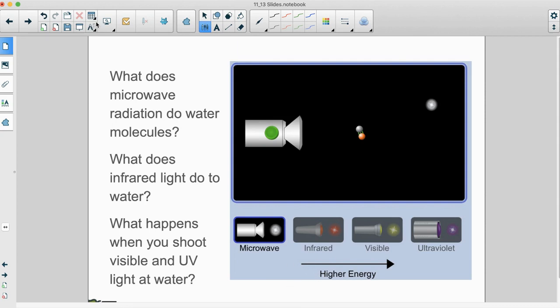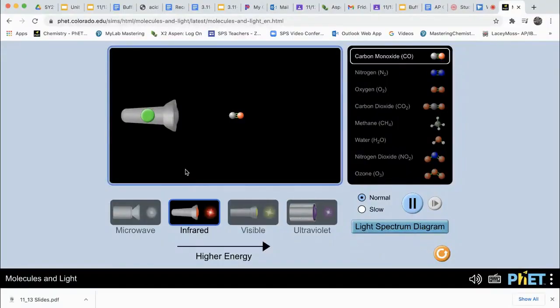So let me cut over to that now. Okay, so here is the PhET simulation. This one is called Molecules in Light. So first we'll start off with a carbon monoxide molecule, CO, and we'll start with microwaves, and we'll start shooting some microwaves.